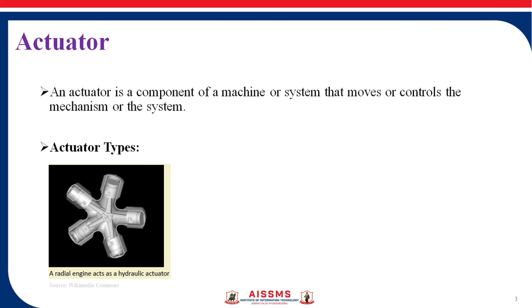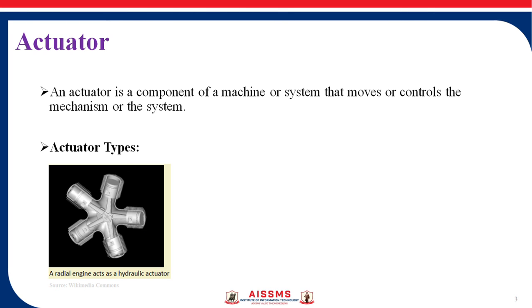Here the mechanical motion is converted to linear, rotary or oscillatory motion. Here the radial engine acts as a hydraulic actuator, as you can see from this figure.